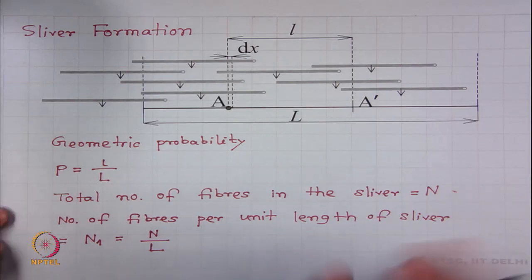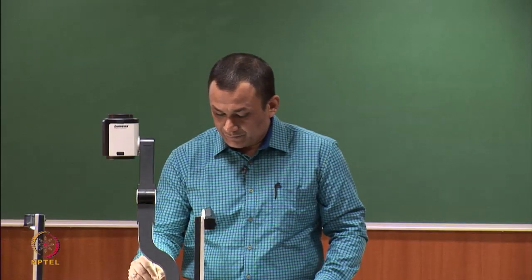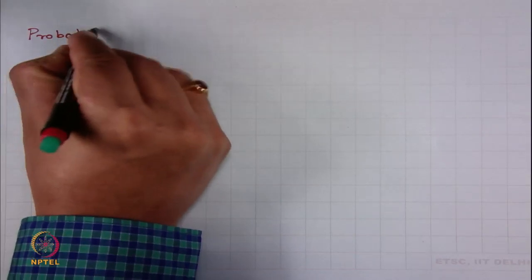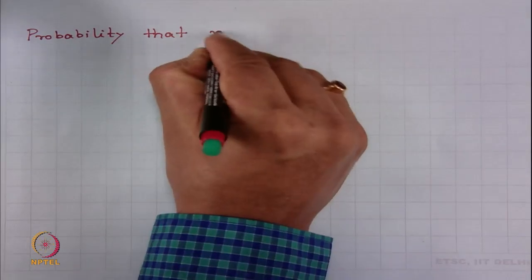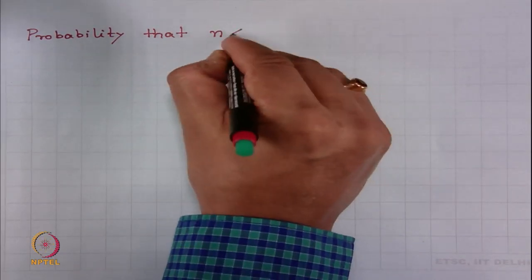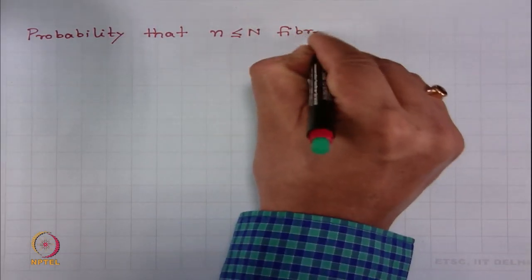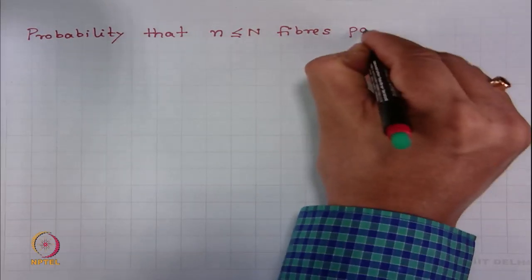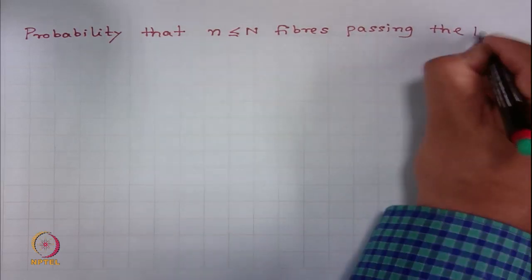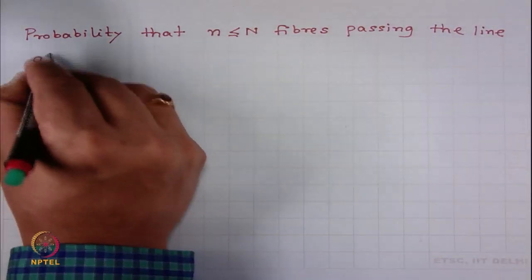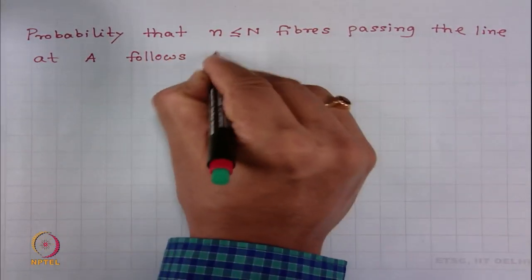Then the probability that small n fibers, this small n is much less than capital N, pass the line at A follows binomial distribution.